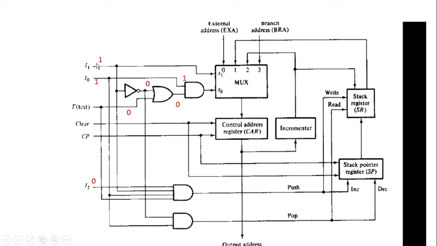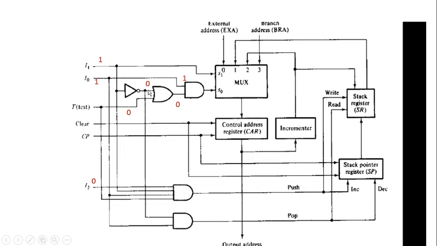This is the first case, I1 equal to 1, I0 equal to 1 with T equal to 0 and I2 equal to 0. So S1 becomes 1. Here I0 equal to 1, so one input of this AND operation is 1. Here we want to consider the other input of the AND also.